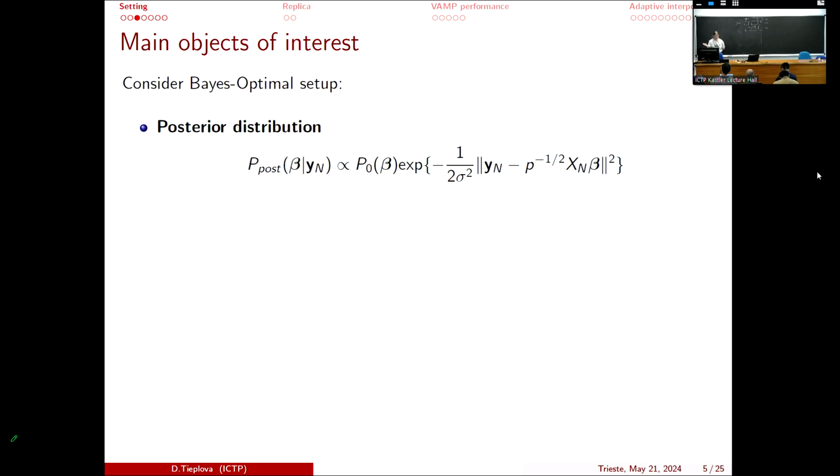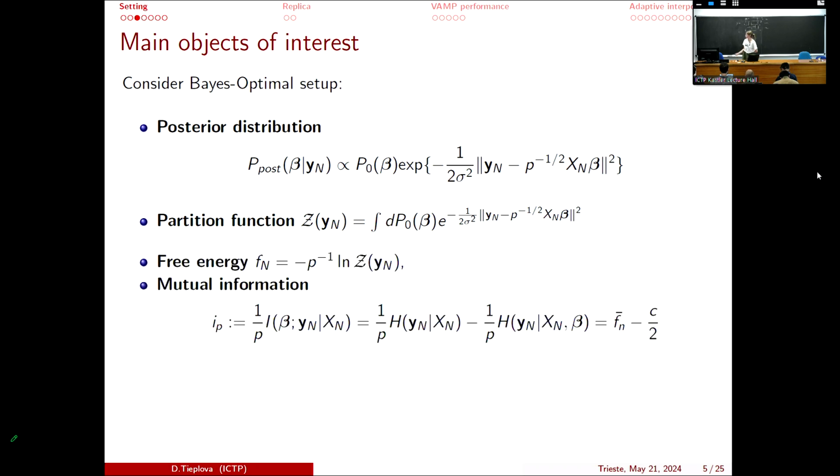Okay, so now when we have the posterior distribution, we can also define the so-called partition function, which is just the normalizer of this posterior distribution. And the two main quantities are the mutual information and free energy. Why are they together? Just because they are connected through a very simple expression.